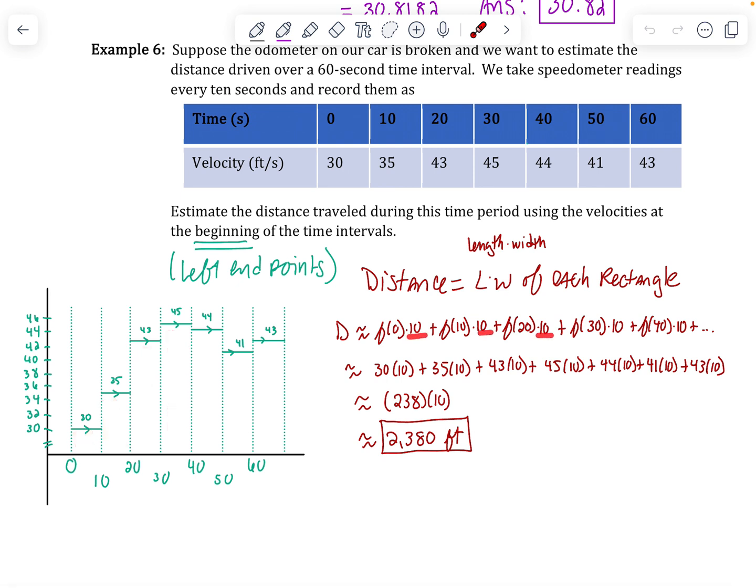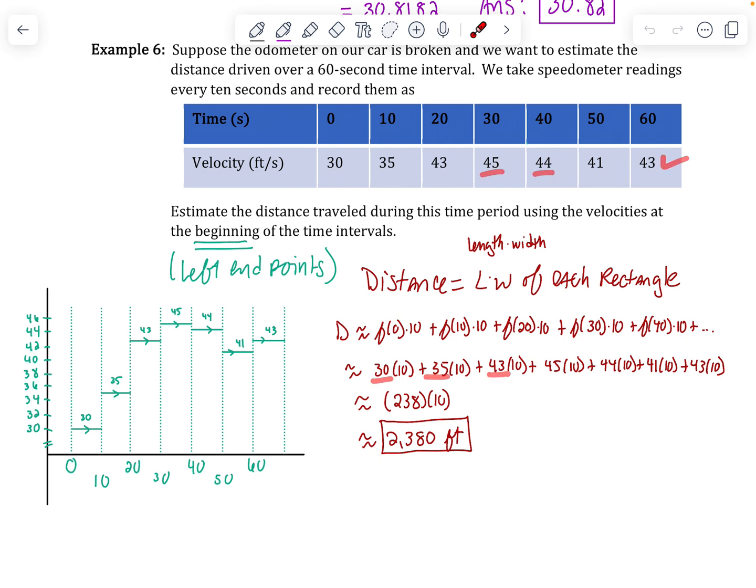Instead of plugging into a function, we know that our width is 10 for all of these, and the velocity at each time increment is given to us in a table instead of us having to calculate it. So we're going to factor that 10 out. I put it on the right side instead of the left side like I've been doing.